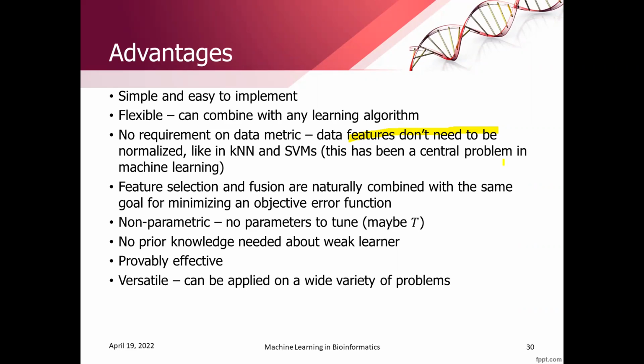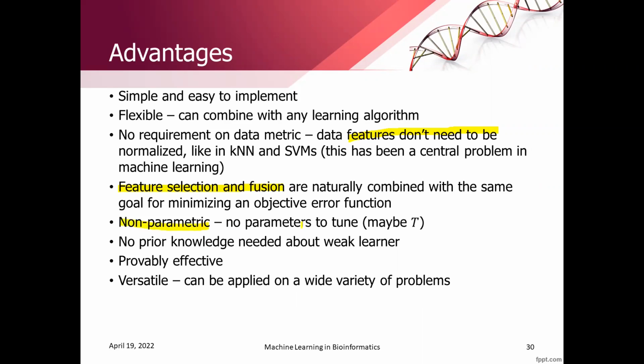This is no problem for AdaBoost. Feature selection and fusion. So we actually don't need feature selection. Feature selection will be done during AdaBoost, because the important features will be selected by the algorithm itself.